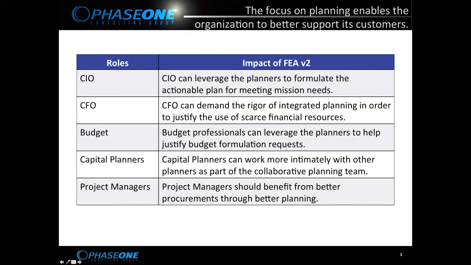The capital planners are one of the planning types, and they need to work more intimately with the other planners as part of the overall collaborative planning approach and the collaborative planning team. Historically, we've got records planners, enterprise architects, capital planners, infrastructure planners, security planners, and all these different types of planning disciplines need to work together as part of a collaborative effort to deliver an integrated plan for how the organization is going to move forward.